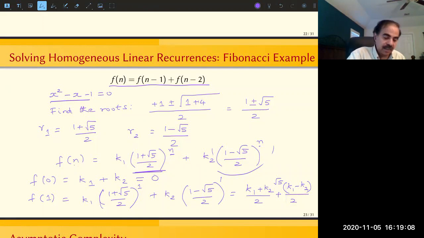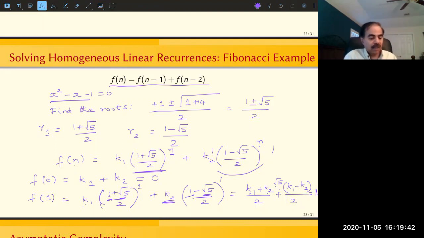All I have done is separate the two terms, 1 and square root 5. And once again, we can set this equal to 1, because we know that Fibonacci 1 is 1.